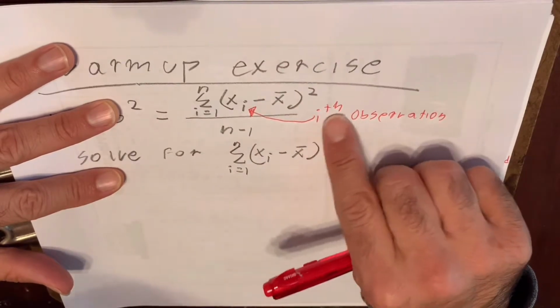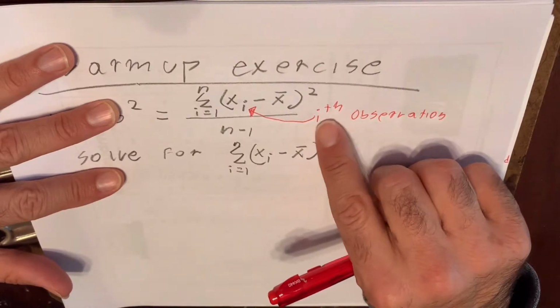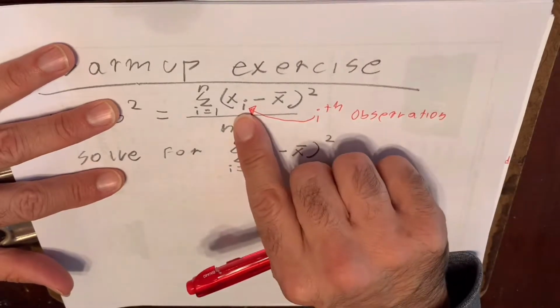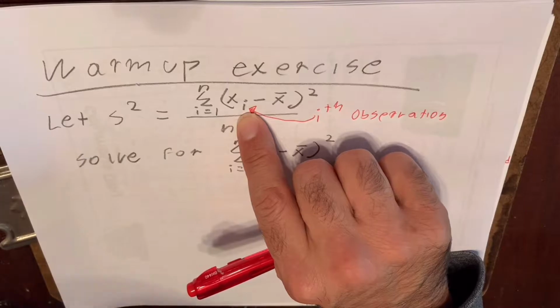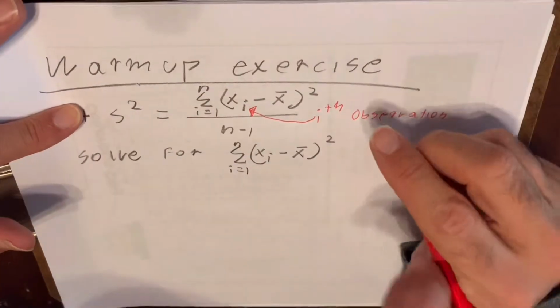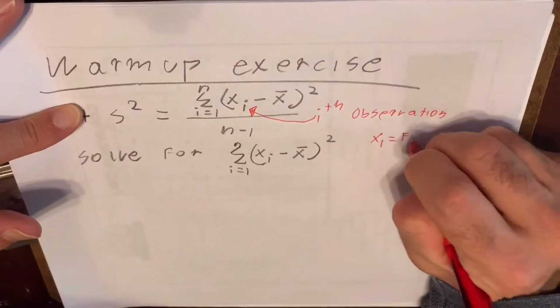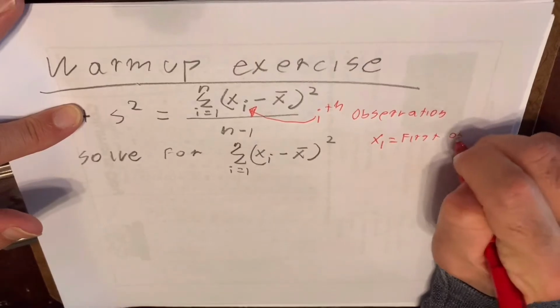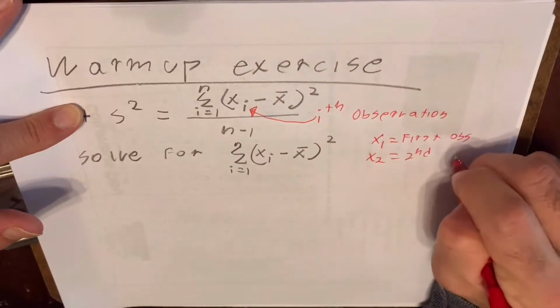Now, the ith observation is an indexed way to represent the first observation, the second observation, the third observation, the fourth observation, all the way up to the last observation. So x sub 1 is equal to the first observation. X sub 2 is equal to the second observation.